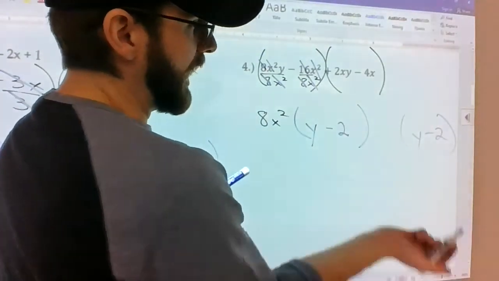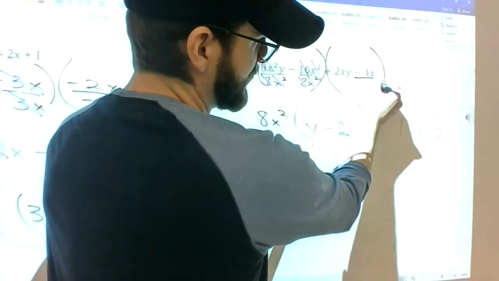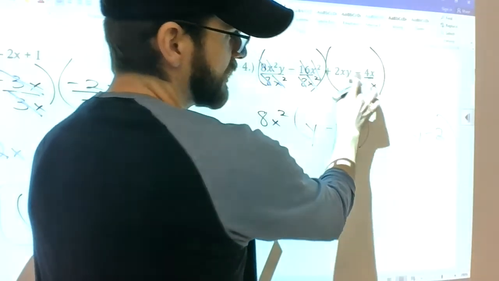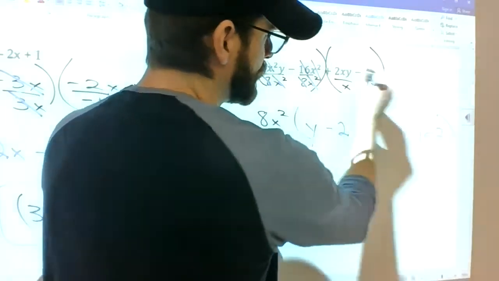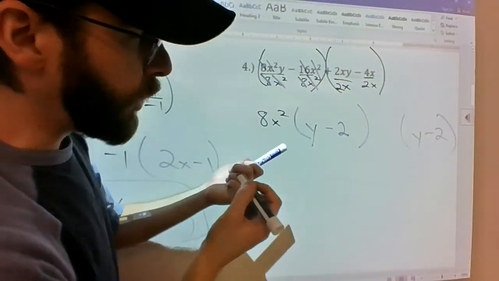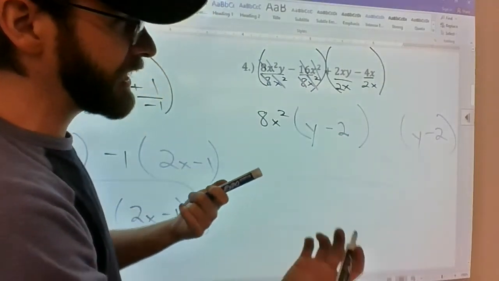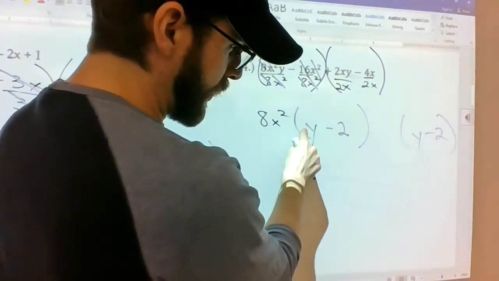Yeah, so I'm looking at the negative 4x right away and saying, negative 4x, I got to divide out the x, which fortunately there's an x there. And I got to divide by 2 to get that 2. Same thing there. And the question is, do I divide out a positive 2x or a negative 2x? Well, right now we got a plus minus, which is what we had before.